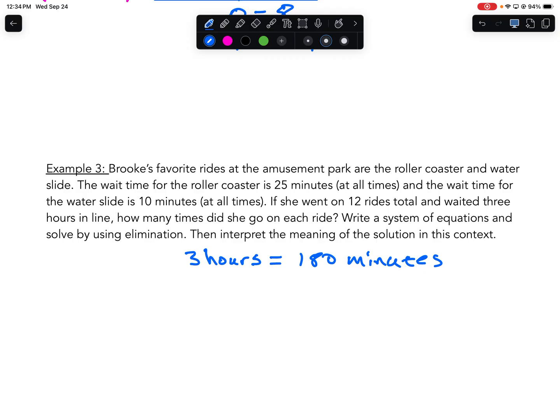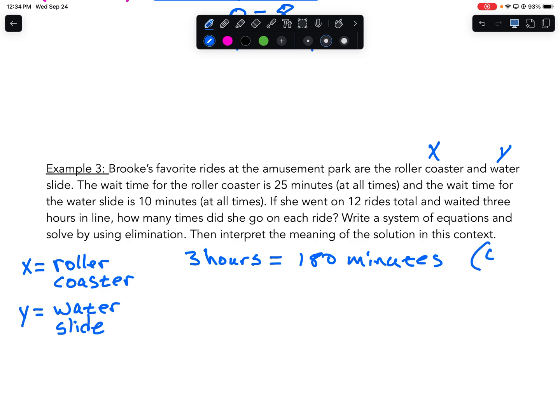Keep writing. You can try to solve it too. You should get 4 for X and 8 for Y, if you said roller coaster was X, water slide is Y. Well, X is roller coaster and Y is water slide. X plus Y equals 12.